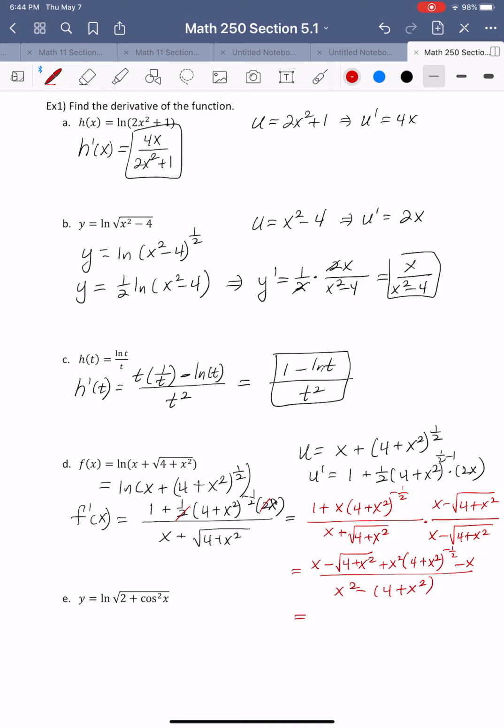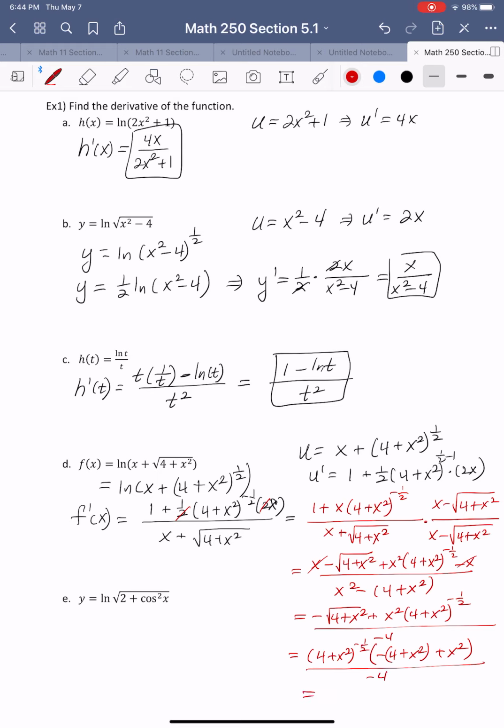And then if I simplify this, because this x cancels out, I get negative square root of 4 plus x squared plus x squared times 4 plus x squared to the negative half power, over negative 4. And then if I factor out the 4 plus x squared to the negative half power, I get negative 4 plus x squared over negative 4.